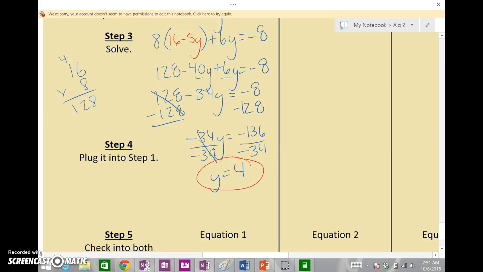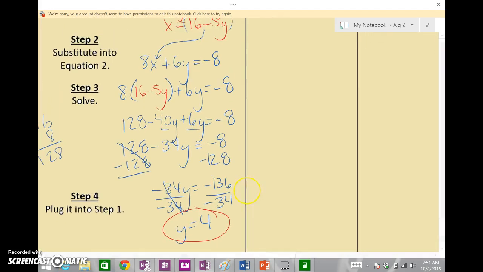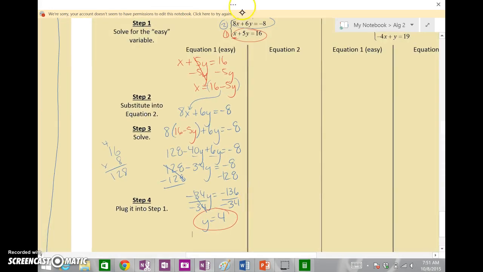So now, let's plug that y into our other equation, our 8x. And actually, it doesn't matter which equation you choose. You can choose either equation for this step when you're looking for the other value. I'm looking for x, so I'm going to plug in the y, positive 4. Then 8x plus 6 times 4 is 24 equals negative 8.